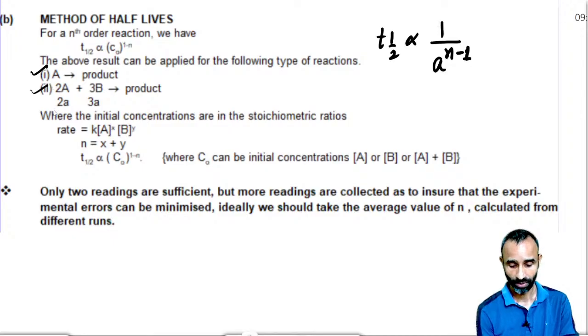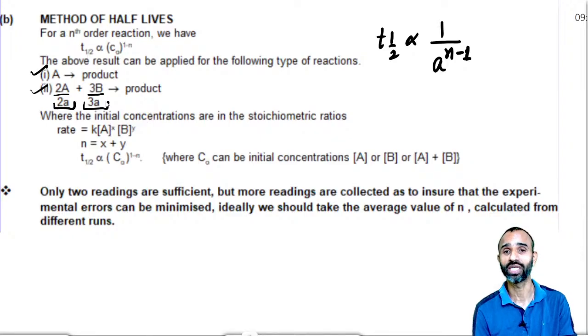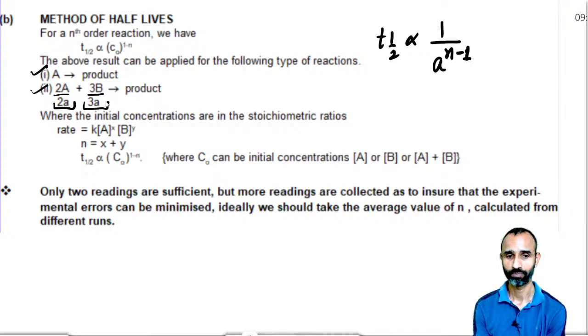Like see, 2A reacts with 3B, so concentration of A is 2a and concentration of B is 3a according to the stoichiometric ratio. From here we can calculate half-lives.